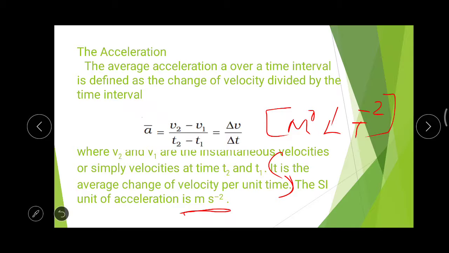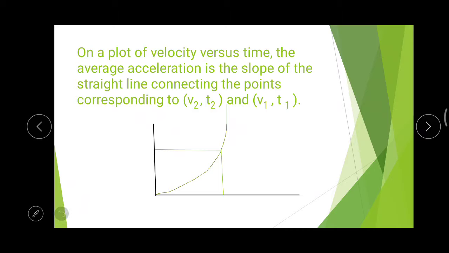Now suppose you are plotting a v-t graph, the velocity time graph, and you are considering two points, one over here and another one over here.